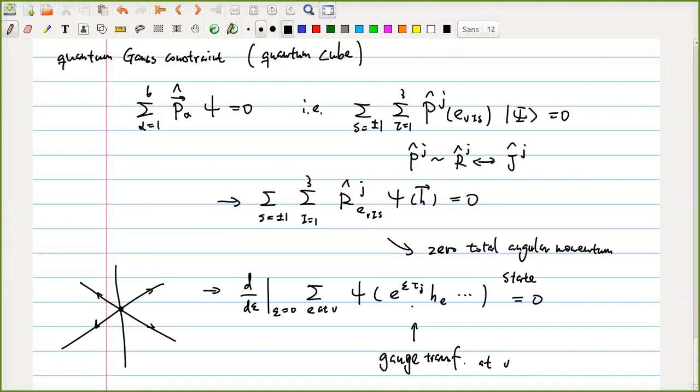The left translation, where you multiply the group element on the left, means that you make a gauge transformation at the vertex B. You consider this epsilon parameter to be the same for all the edges, so it really is a gauge transformation.